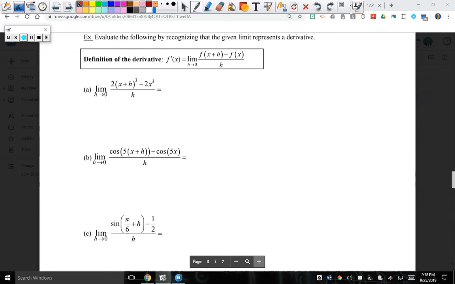Definition of the derivative. All of this gives me what? F prime of x. That's the goal. Okay? And I might try to trick you sometimes, because looking at this that I'm going to box in orange, what do you think is the most important number up there, or letter, that I could try to trick you on in a quiz question or on a test question?